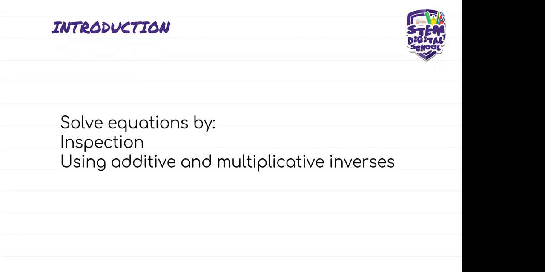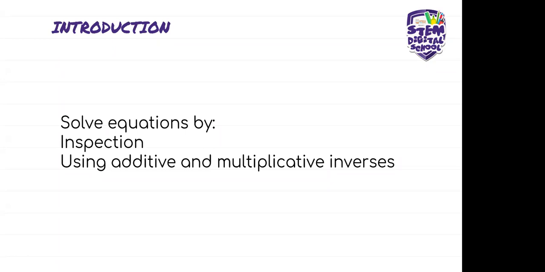But at the same time, you can also use the additive or multiplicative inverses. In other words, you can get rid of the coefficients or any other term so that you can be left with your variable on the left-hand side. And in my view, it doesn't matter whether it's the left-hand side or the right-hand side.